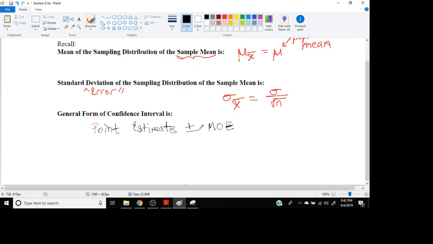And so remember, we add and subtract the margin of error. Your margin of error is your confidence coefficient times the standard error.